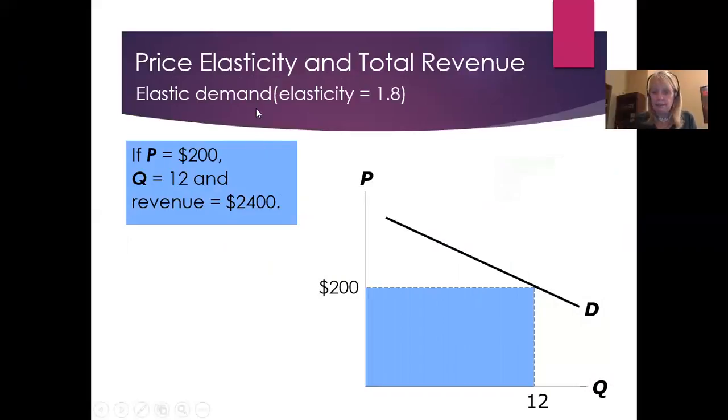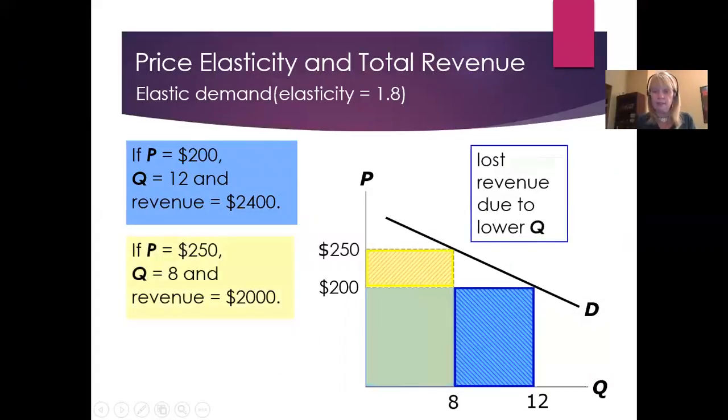So in elastic demand, elasticity of 1.8, if the price is 200 and the quantity is 12, well then total revenue is 2,400. 200 times 12. But when we increase the price, and notice that your elasticity here is 1.8, the price went up to 250, but then the quantity demanded went down to 8. 250 times 8 is only 2,000.